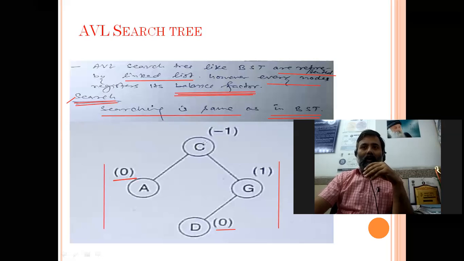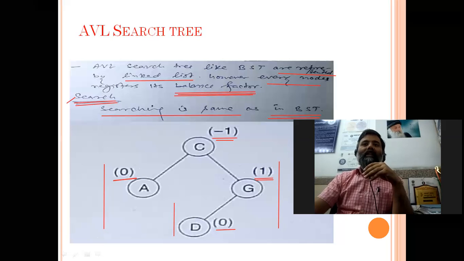So 1 minus 2, balance factor will become minus 1. Similarly here, the height of left subtree is 1 and right subtree is 0. So 1 minus 0, 1. So at each node, we can see the balance factor is either 0, 1 or minus 1. So it is an AVL tree.